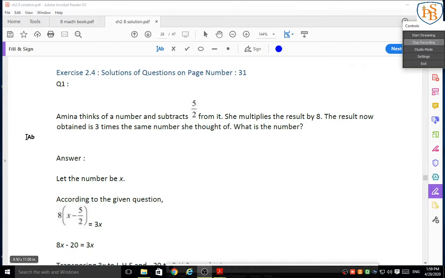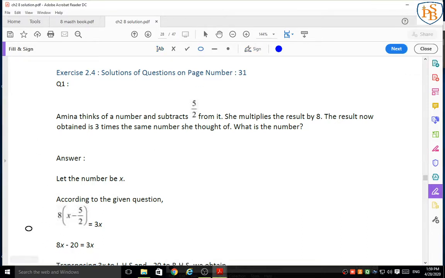So what is my linear equation? 8 in bracket x minus 5/2 is equal to 3x. This is my linear equation having variables on both sides. On solving we get 8 into x and 8 into 5/2.